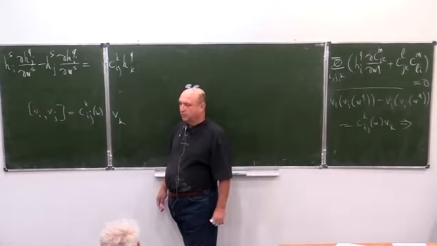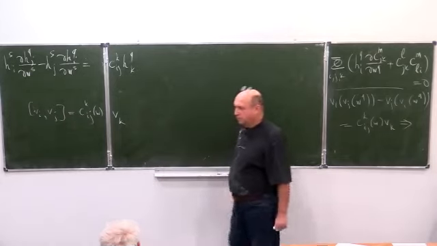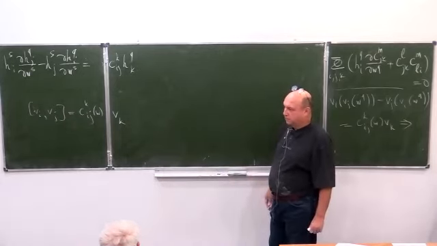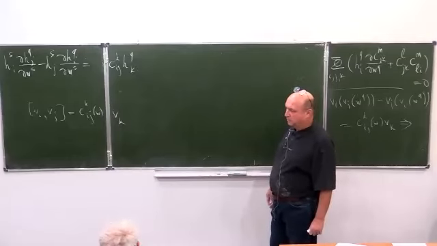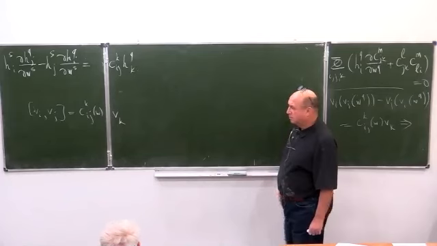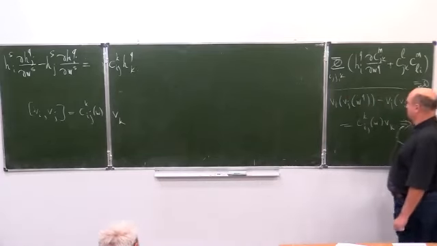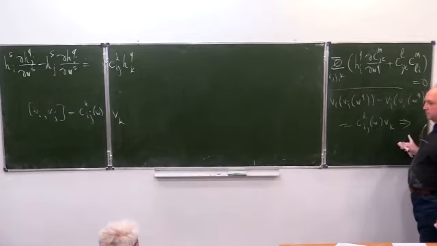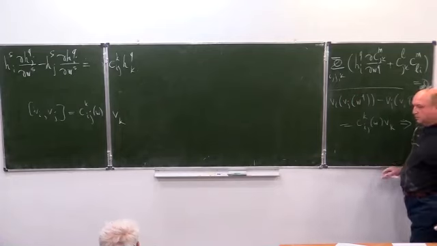But the anchor is a map that takes elements of G to derivations, to vector fields. Right. So this anchor should reflect compatibility. It is a homomorphism of Lie algebras, right? Yes. So where are the structure constants of G?